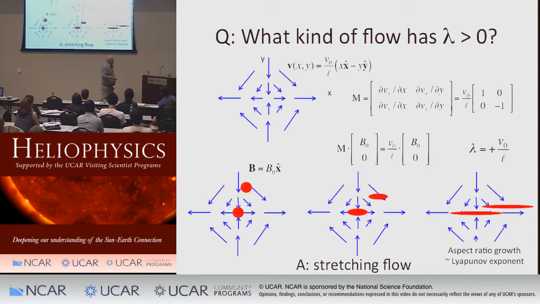If you do dynamical systems, this is what's known as a Lyapunov exponent. But it basically says if I have a flow where I put in a drop of dye, imagine a spherical, three-dimensional flow, I'd put in a spherical drop of dye. If my flow stretches that dye into a long, thin strand, I have a flow with a positive eigenvalue. I have the possibility of a dynamo. And guess what kind of flows will stretch out little blobs?